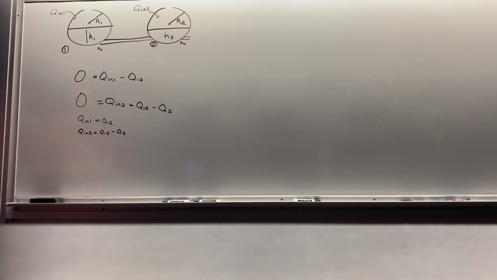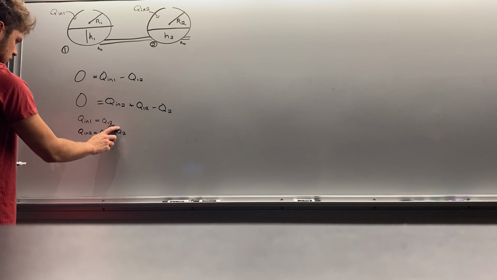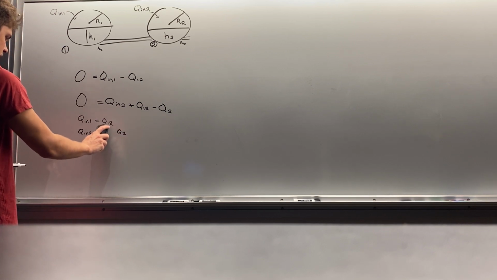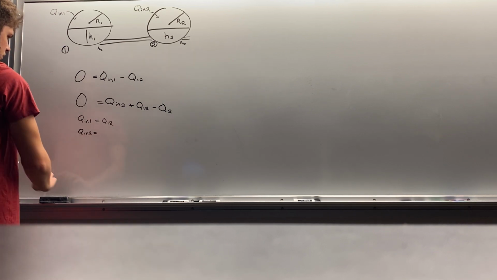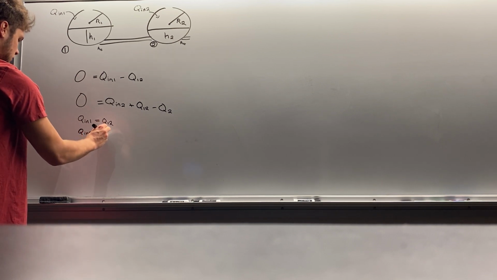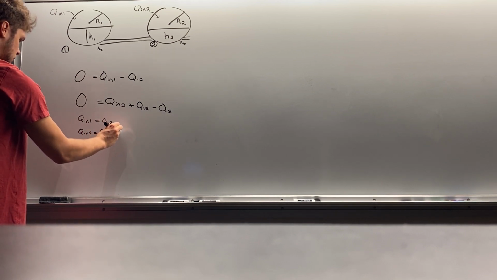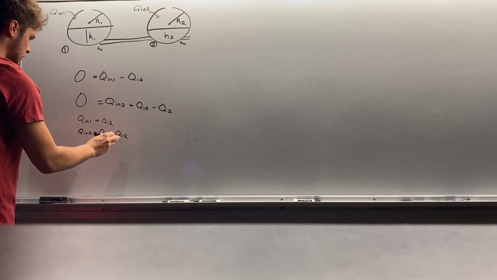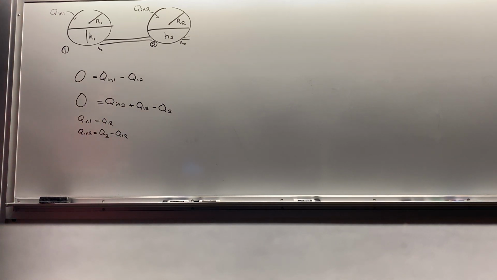Hold on. Now, these are flipped, right? Yeah, Q2 minus Q1,2. All right, so that is how we could solve for our initial flow rates.